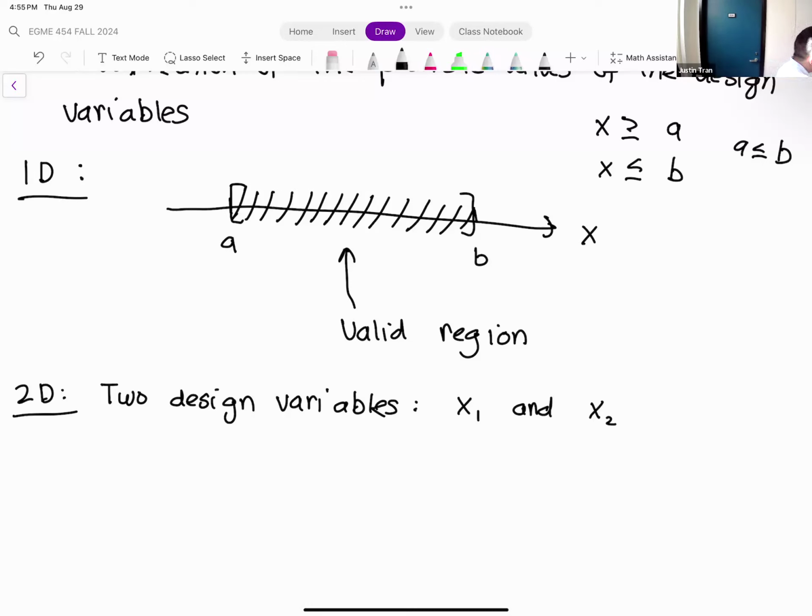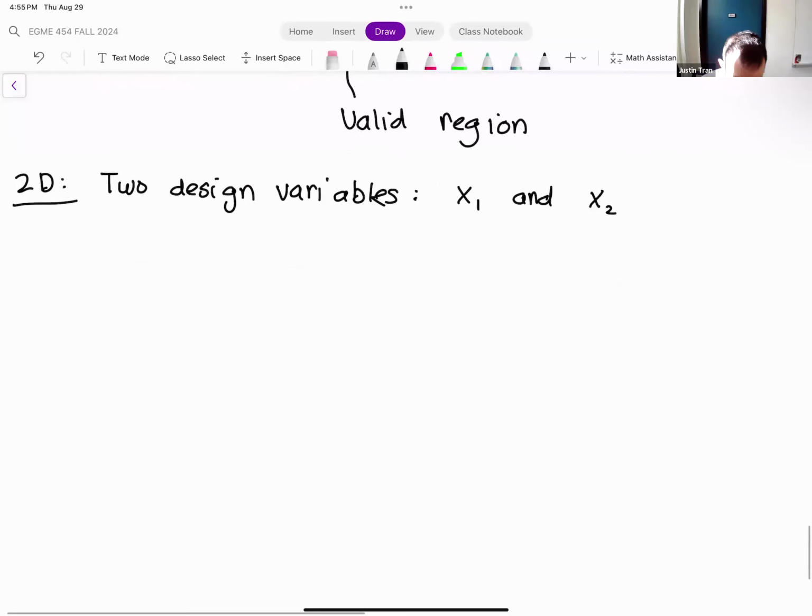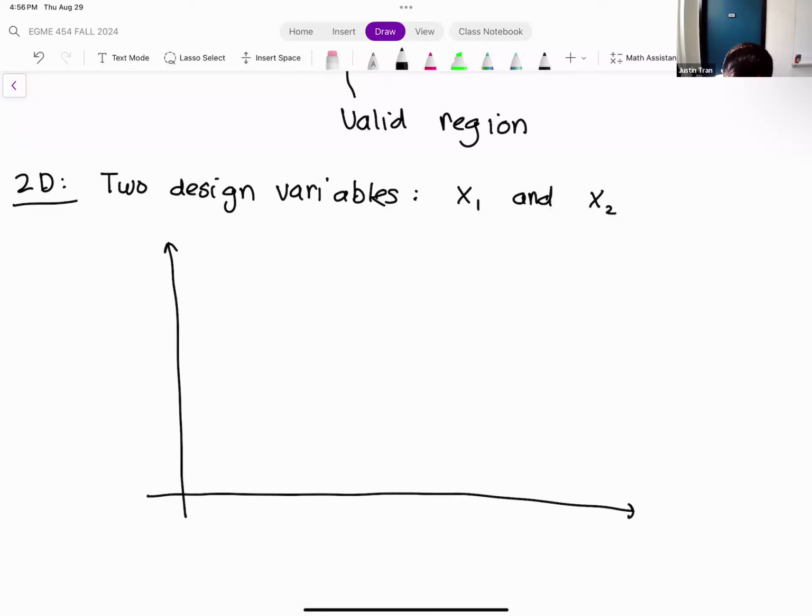If we treat these values of x1 and x2 as Cartesian coordinates, we can plot our design space in two-dimensional space. We'll say the horizontal axis represents possible values for x1, and the vertical axis will represent possible values for x2.